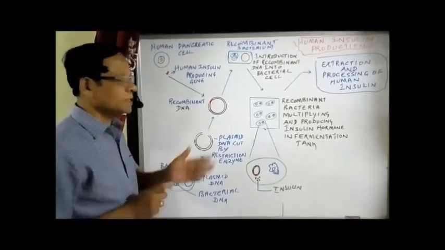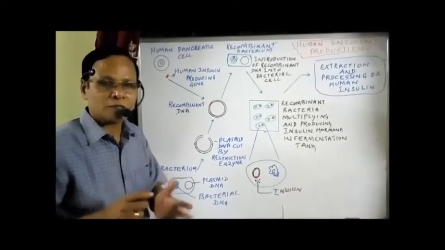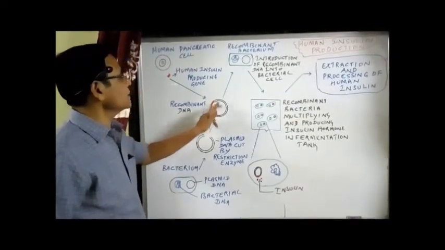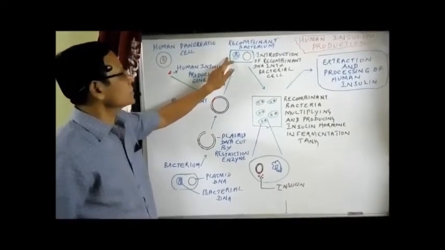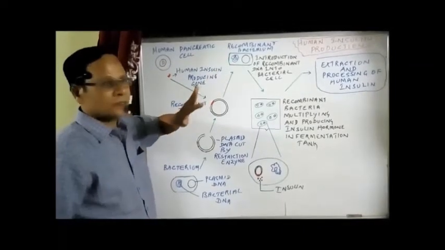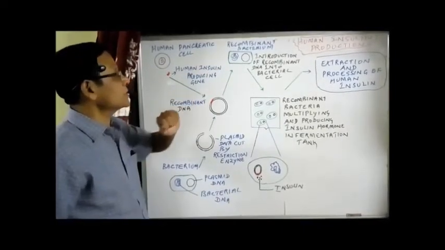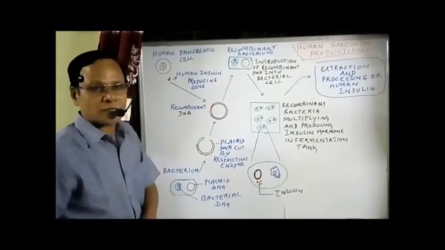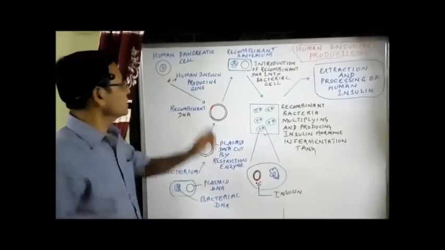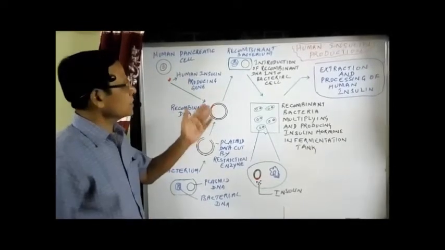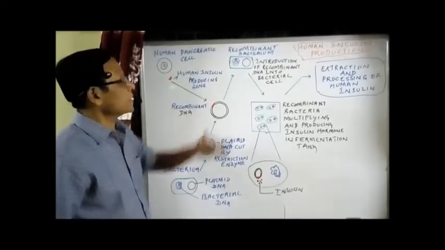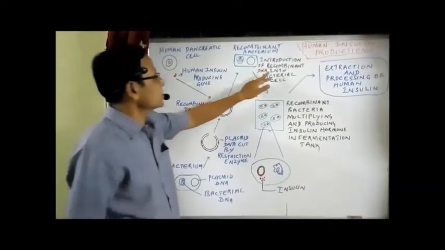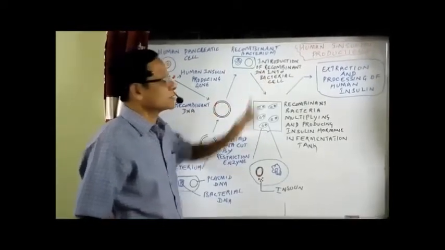The recombinant DNA needs a host cell for its multiplication, so it is introduced into the bacterial cell, the E. coli I mentioned. After introduction of the plasmid DNA with the known gene, it is called a recombinant bacterium.